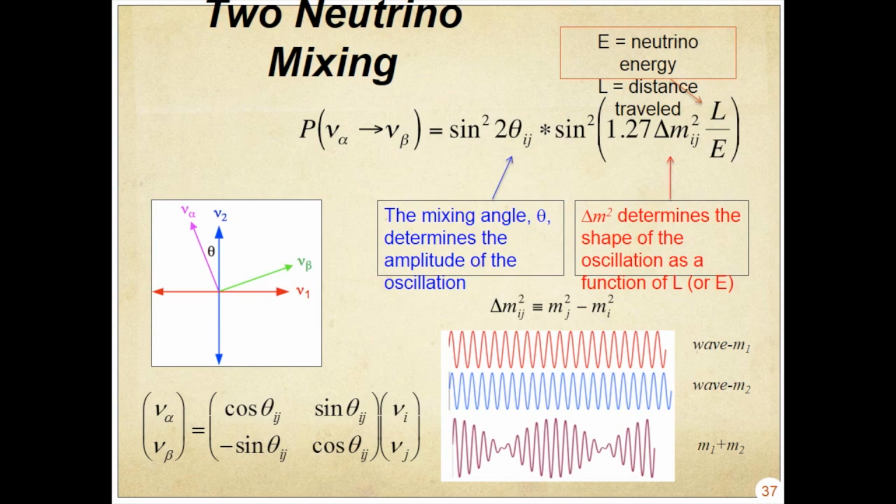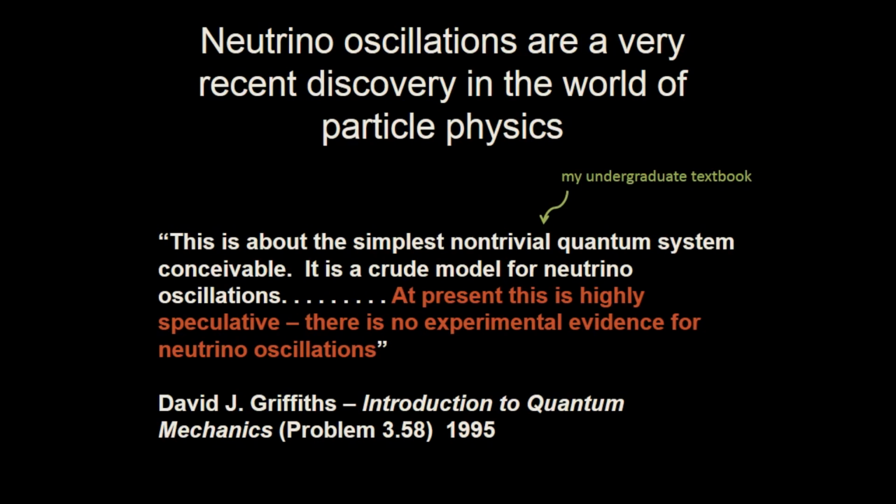So for those of you who have taken quantum mechanics, what textbook did you use? Shankar? Anybody use Griffiths? Okay. In Griffiths, he makes you calculate this by working through the superposition of states. And there's a footnote. I use the 1995 version of Griffiths' textbook. I don't know which edition that was, 2nd, 3rd, or something.